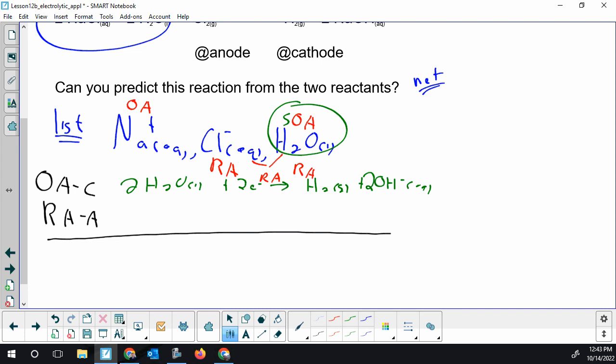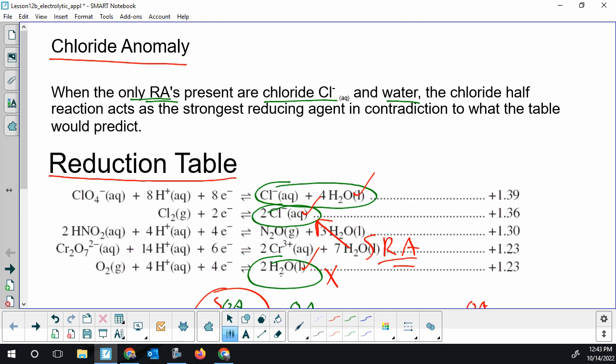Then we have to move on to the strongest reducing agent. So you compare chloride, water, and chloride. And this should ring some bells. We've got that list that we just did. So this is another example of what the chloride anomaly would look like.